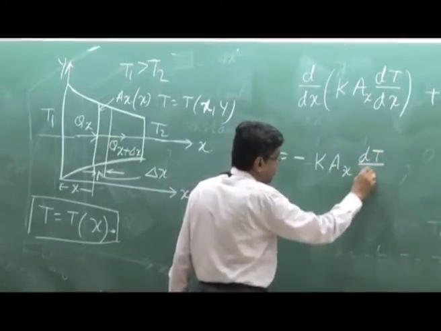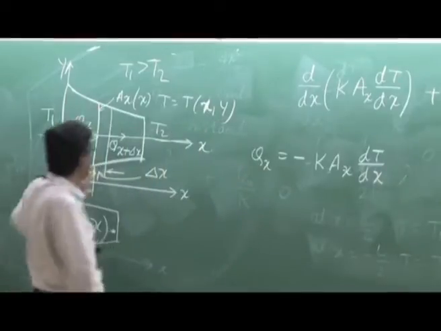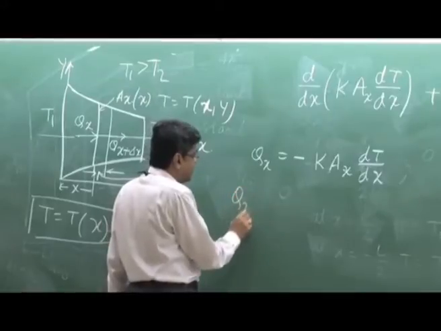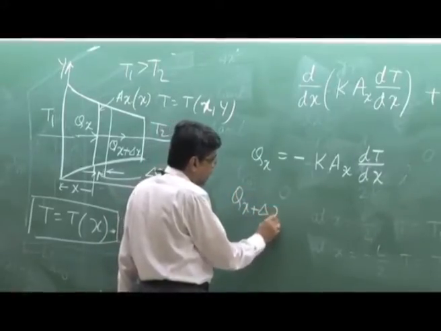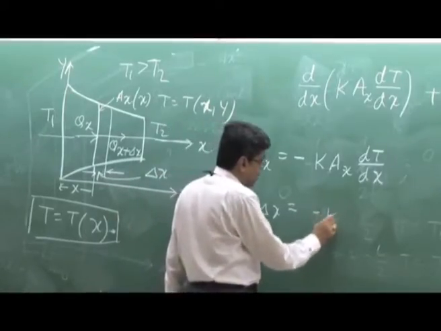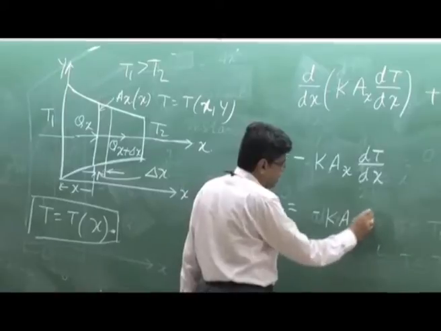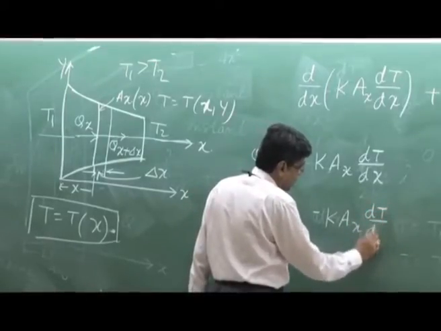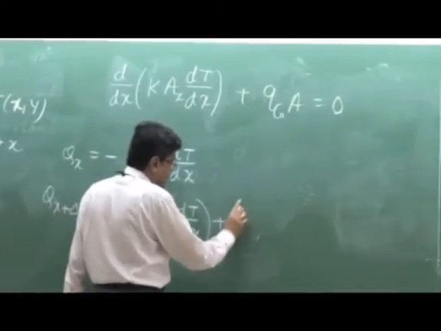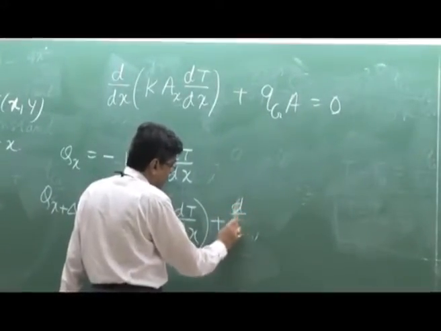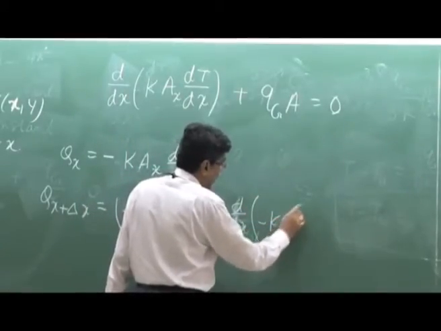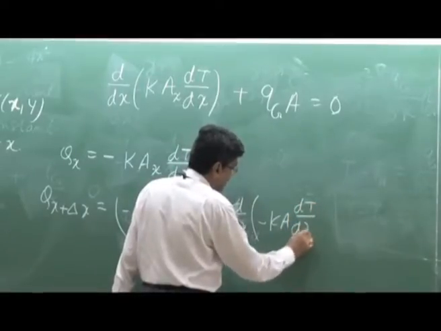This T is a temperature which is cross-sectionally uniform or a cross-sectionally average temperature. We can write, by the expansion in Taylor series, Q at x plus delta x is Qx, that is minus k Ax dT/dx, plus this quantity Qx d/dx of minus k A dT/dx change over a distance delta x.